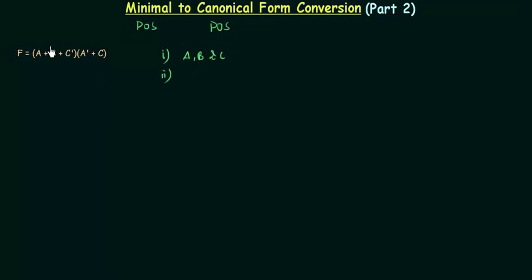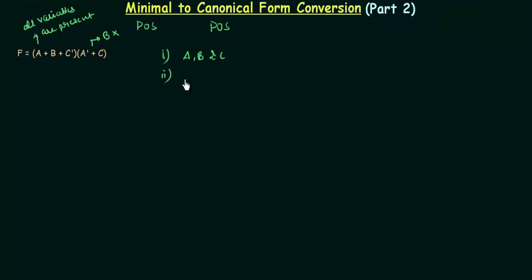In the first term we can see that a is present, b is present and c is present in complemented form. So here all variables are present, right? And in the second term we have a in complemented form, c in normal form, but b is absent.